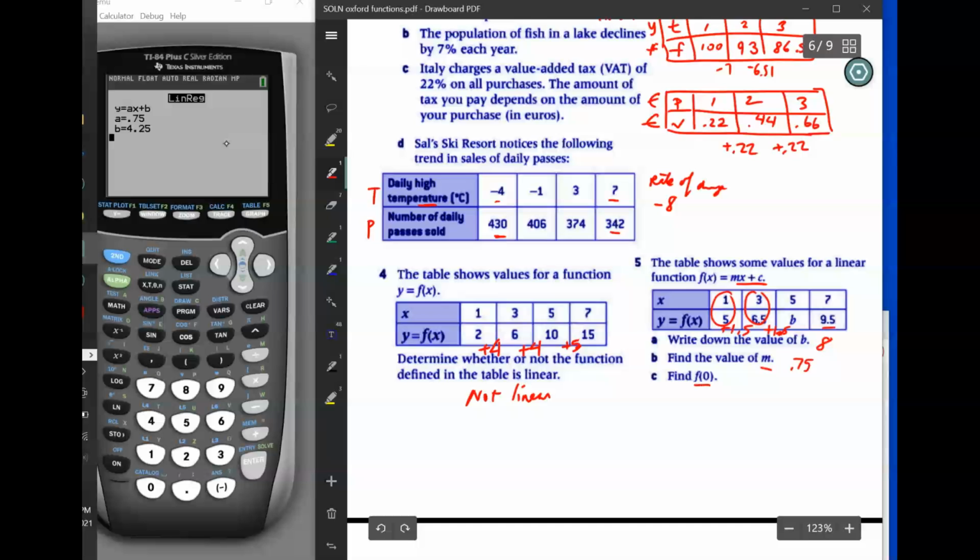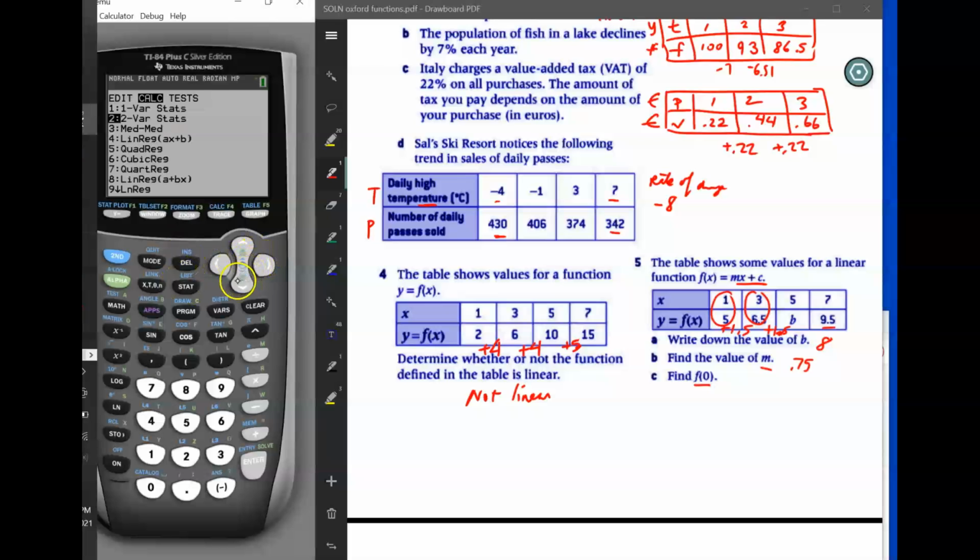And then it asks for f of 0. Remember, f of 0 is the y-intercept because it's the y value when x equals 0. Okay. By the way, let me show you how to, let's say that you get a line and you want to graph it immediately, and you don't want to type it in afterwards. There's an extra thing that I don't remember if we've ever used before, but if you go into stat calc ln reg, you could actually tell it, hey, I want you to put this in y1, okay?